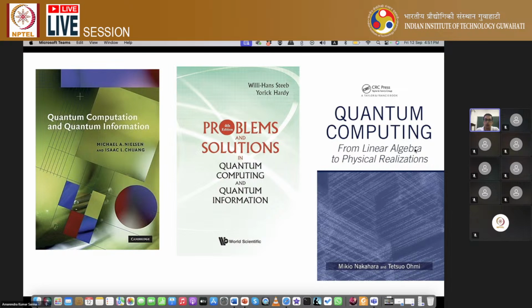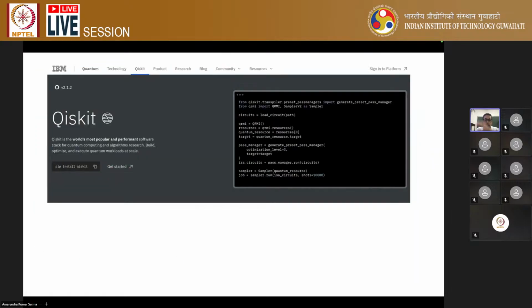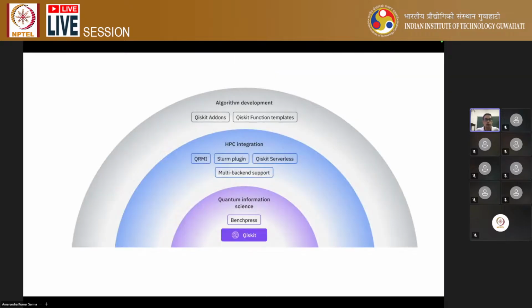I think with this, let me end my presentation. Okay, this I forgot to tell you. Some software you were asking about, some tools for simulation. You can learn about Qiskit, which is freely available, and you can do a lot of simulation using Qiskit.